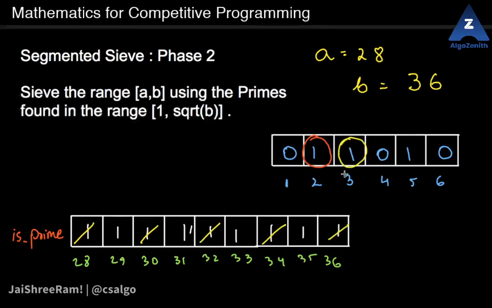Then we can go to 3 and strike off all multiples of 3 as not prime. Then we loop into 5 and mark all multiples of 5 as not prime in this range, right? Of course with 5 you don't strike off 5 itself, but every other multiple greater than 5 would get struck off. So we will be left with the primes in the range 26 to 39, right? So this is the whole idea.